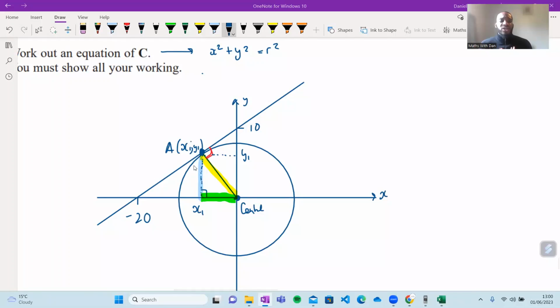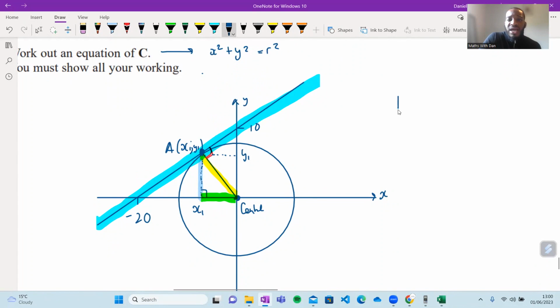Well, for me, looking at this question, the point A is intersected by two lines. It's intersected by the yellow line, and this line here, the tangent. I'm going to say point A is the point of intersection of the tangent and the radius.